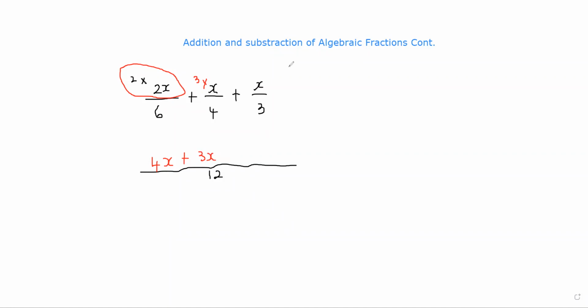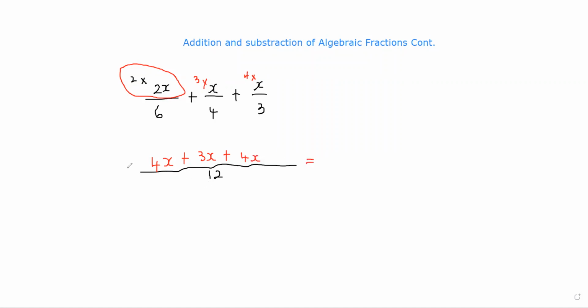Good. Then we divide the 3 into 12 now, and we end up with 4. We use the 4 and we multiply it by its numerator. 4 times x is how much? 4x. Excellent.